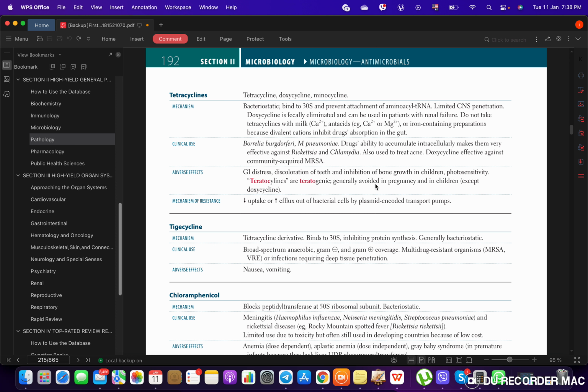Okay. Mechanism of resistance. Basically, the bacteria stop taking in the tetracycline, and they make an efflux pump that kicks out the drug. You are like, seriously? Are you playing with me? Does anybody remember which organelle or which particle inside of the bacteria is responsible for the resistance against our antibiotic?